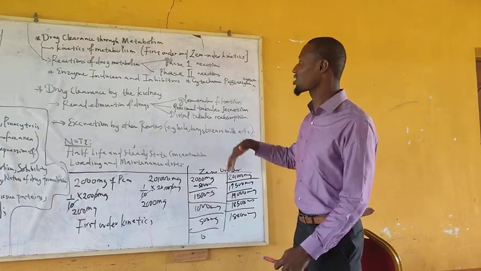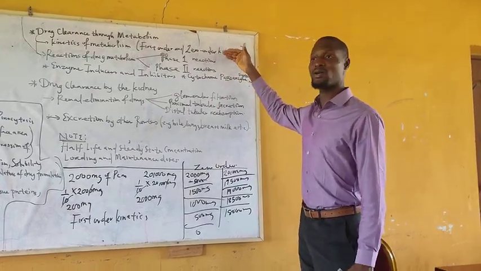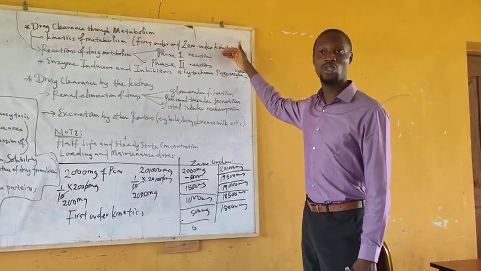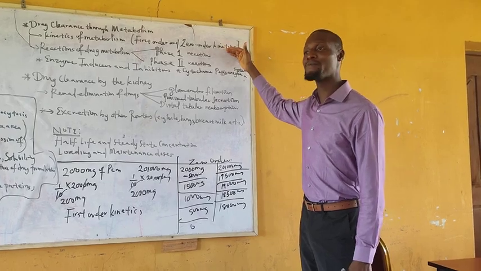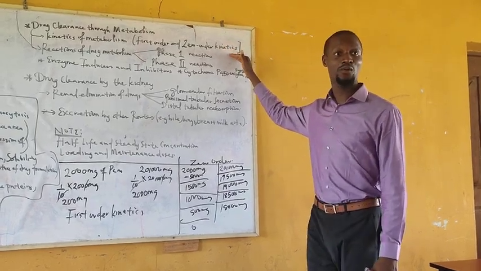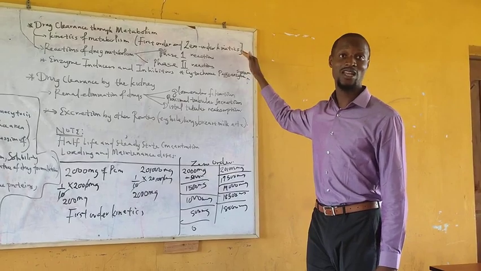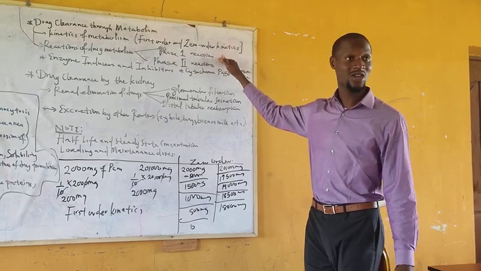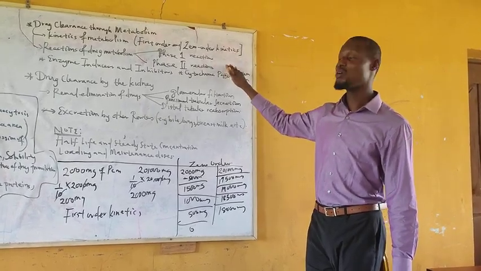In phase 1 reaction, we have simple reactions like oxidation, reduction, and hydrolysis. All these processes are meant to make the drug very polar and less reactive, so it can be sufficiently excreted. If phase 1 reaction does this, the drug will not need to undergo phase 2 reaction.